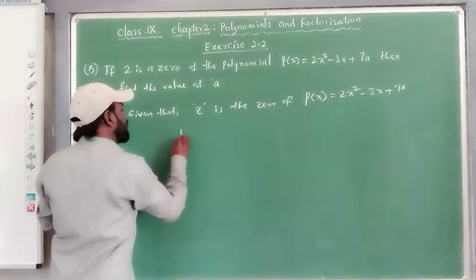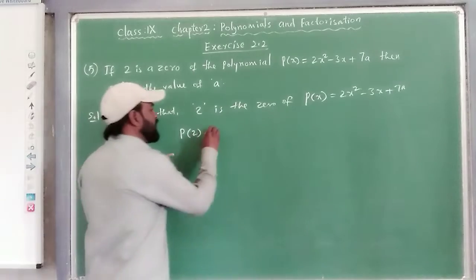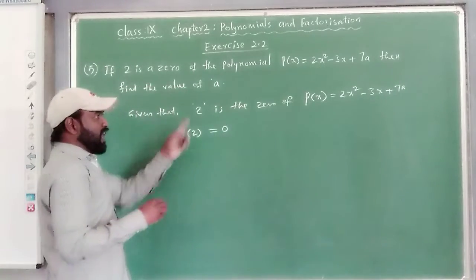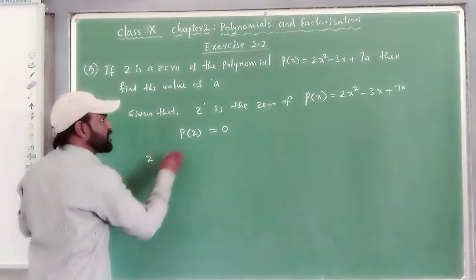What does it mean? That p(2), that means in place of the variable x, if you substitute 2, it becomes 0. But p(x) is equal to what? That is all. So now in p(x), in place of x, you have to substitute.